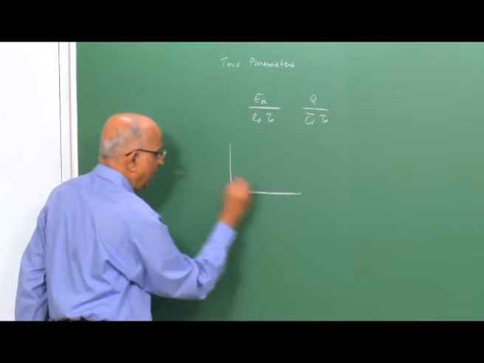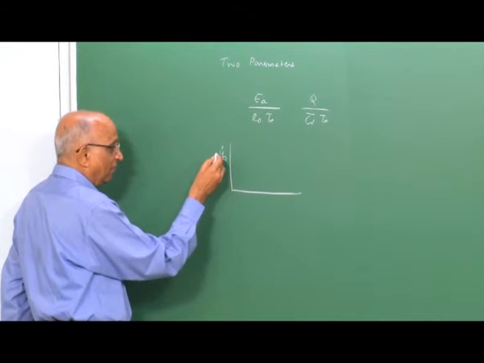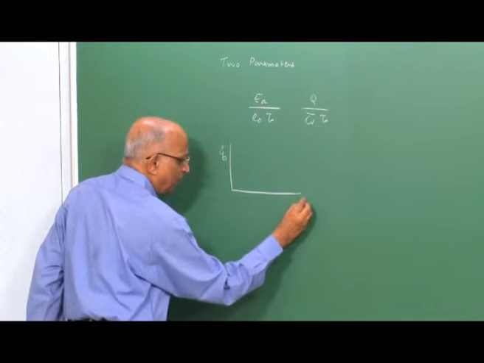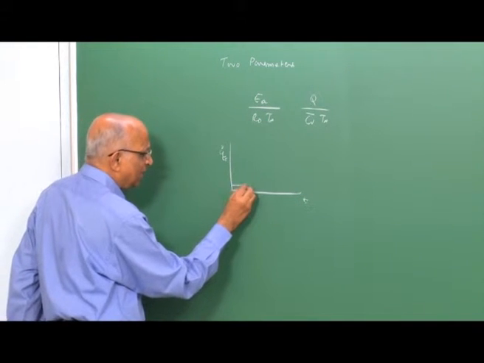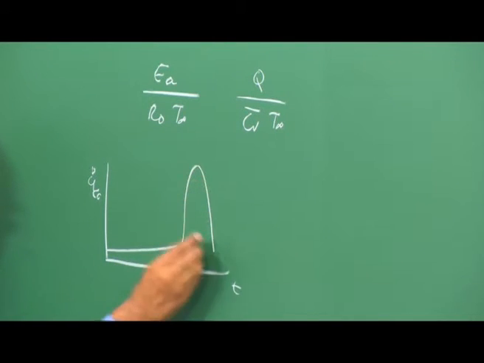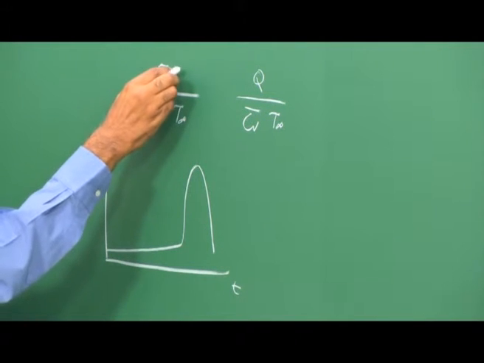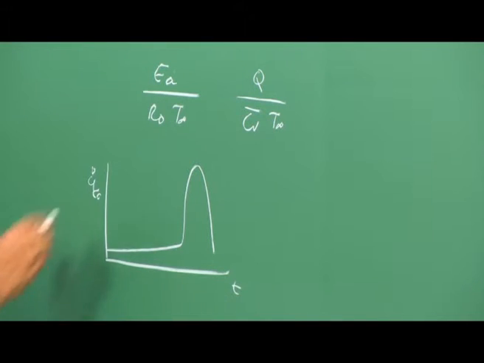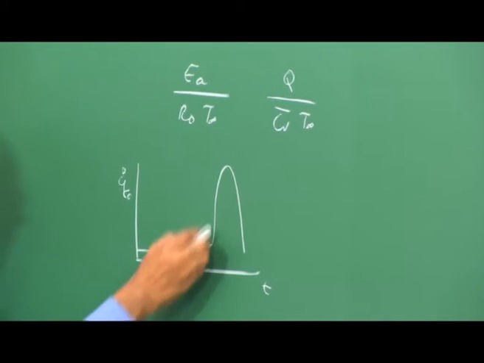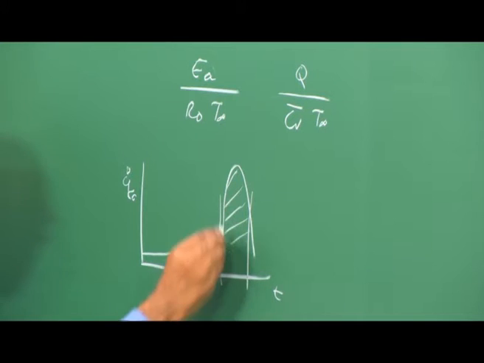If I represent the chemical energy release by dQ by dt and plot it against time, initially the reaction takes some time, but when the actual energy gets liberated, it is in the form of a spurt, and this happens when the activation energy is large. Equivalently, if the activation energy is large, I have this spurting, and the actual time of chemical reaction is therefore small.